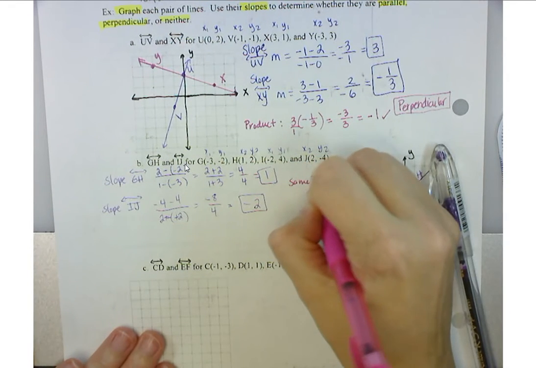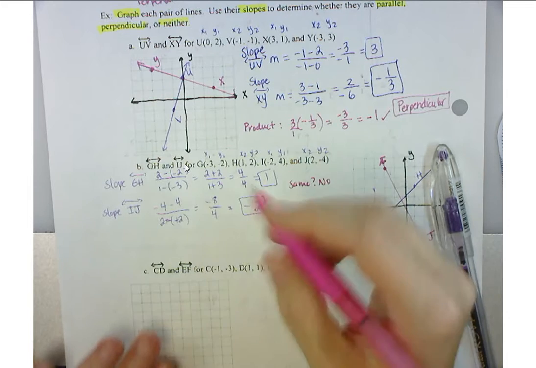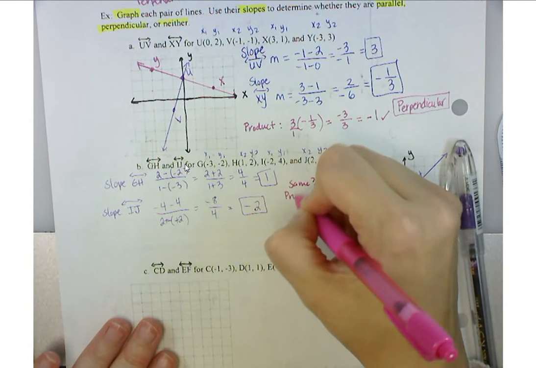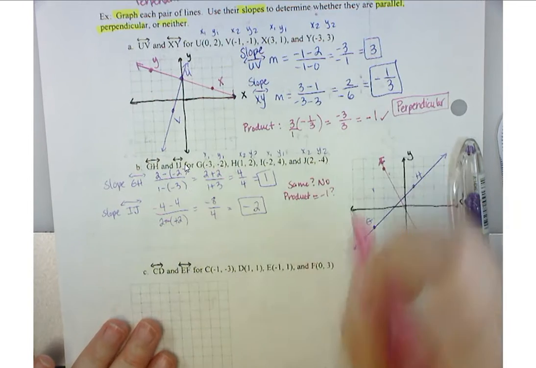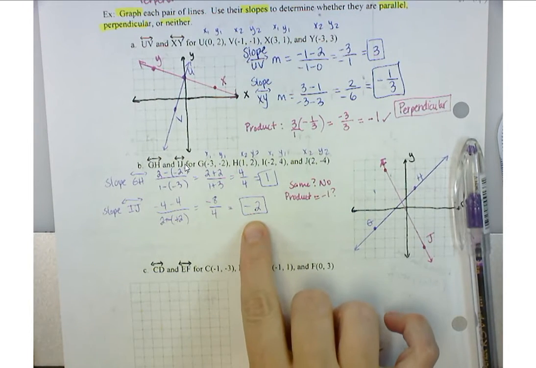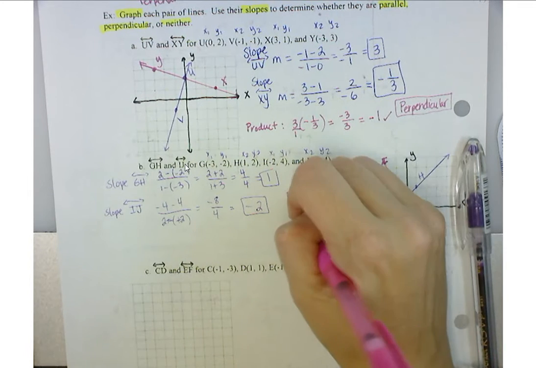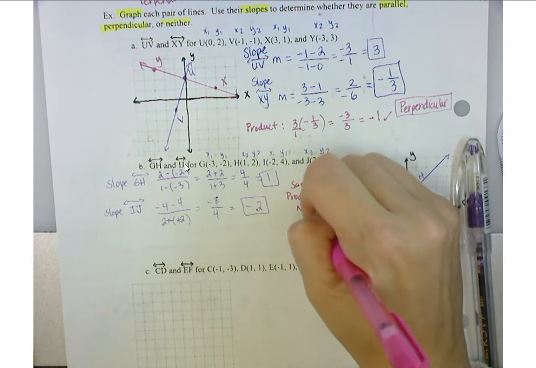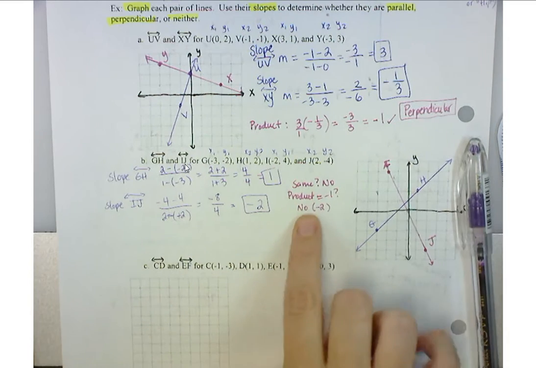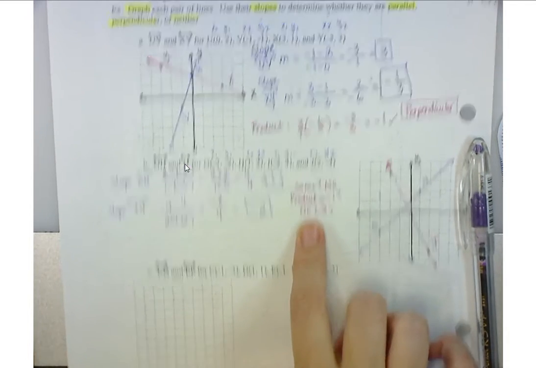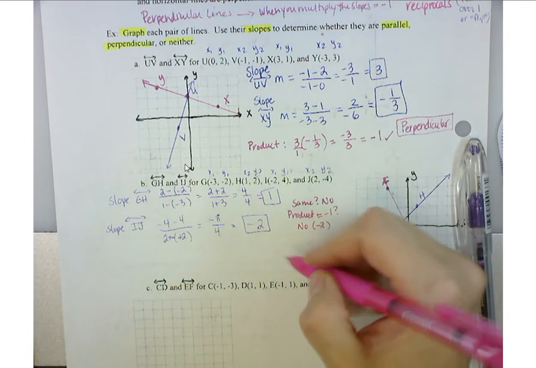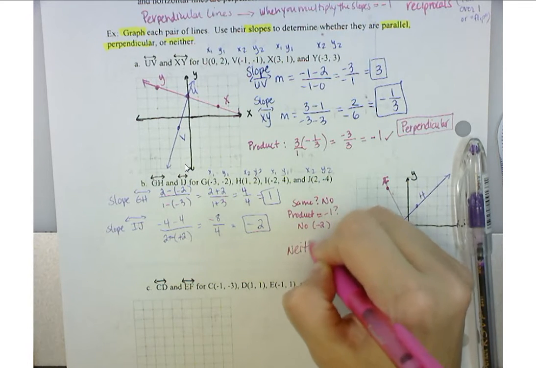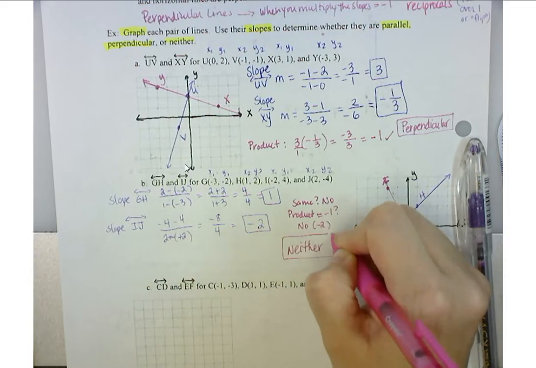No, so they're not parallel. Does their product equal negative 1? What does it equal? Yeah, negative 2. So this one is definitely no. Their product is negative 2. Okay, so then our answer for this one would be what? Neither.